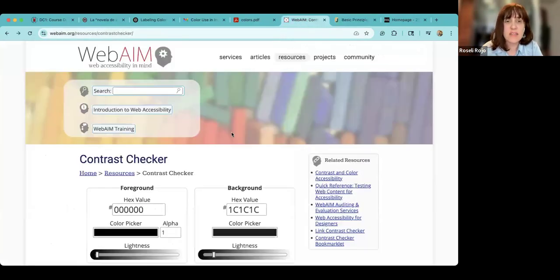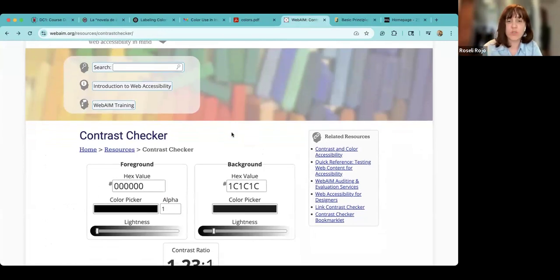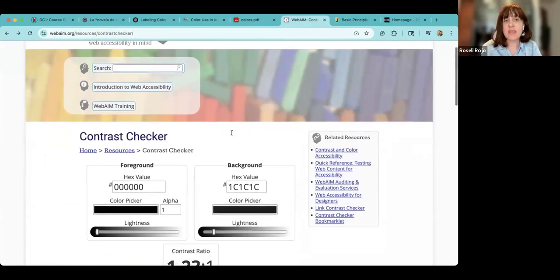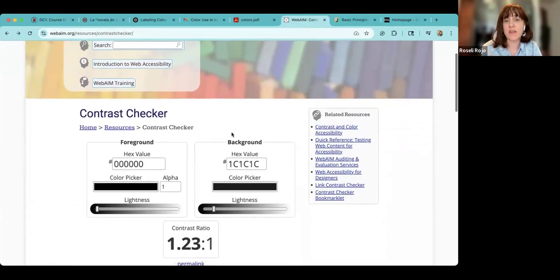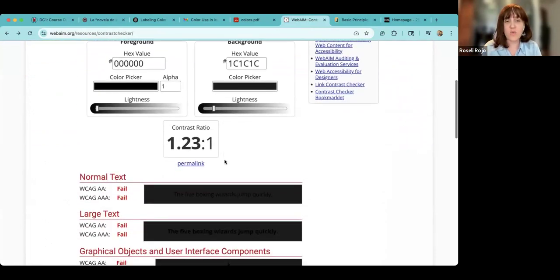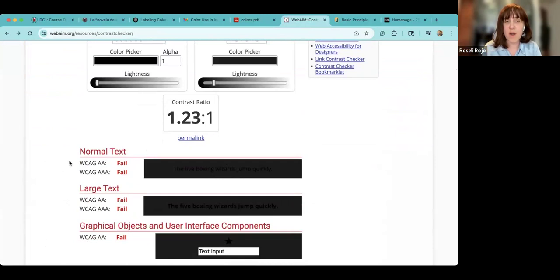Now, for understanding the proportion between the foreground and the background, the ratio that we have to keep in mind, this page is very important because we can basically play with the tool and try to understand what to do with it. And then you will see that the first part, the WCAG AA, talks about small text.